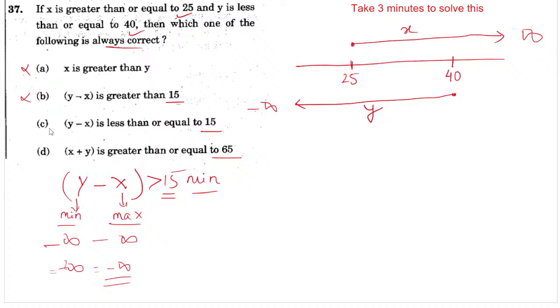Then we check option C: y minus x is less than or equal to 15. That means the maximum value of this term is 15, and it cannot be more than 15.